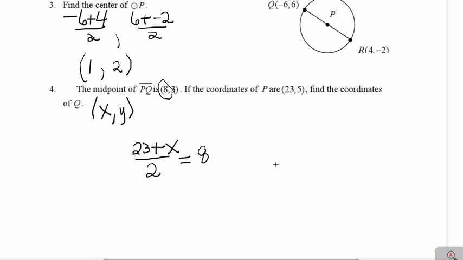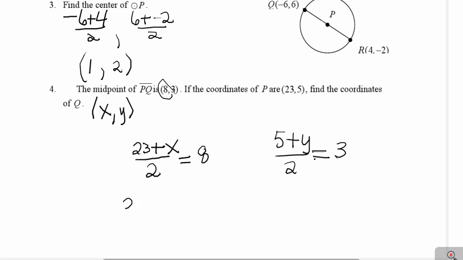And then we could solve that to get the x coordinate of point Q. Same thing for the y coordinate. We know that if we add the two y coordinates of the endpoints together, so 5 plus y, and then we divide that by 2, that has to be equal to the y coordinate of our midpoint, which is positive 3.